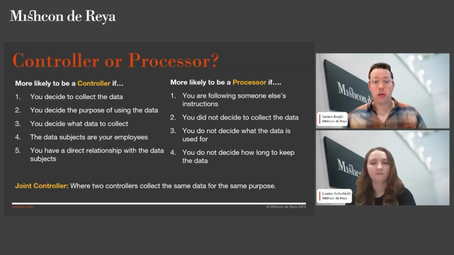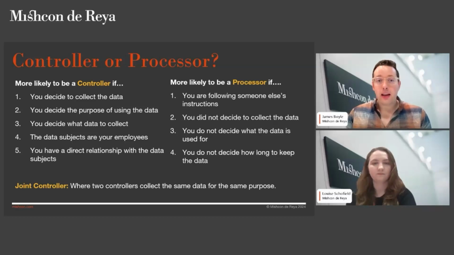As a very rough rule of thumb, if you are a retail business deploying facial recognition, you are much more likely to be a controller than a processor. Whereas if you are a technology provider, effectively licensing your facial recognition technology to a customer who could be, say, a supermarket, you're more likely to be a processor. You can see on the slide the indicators and questions you can ask to help you work out if you're a controller or a processor.